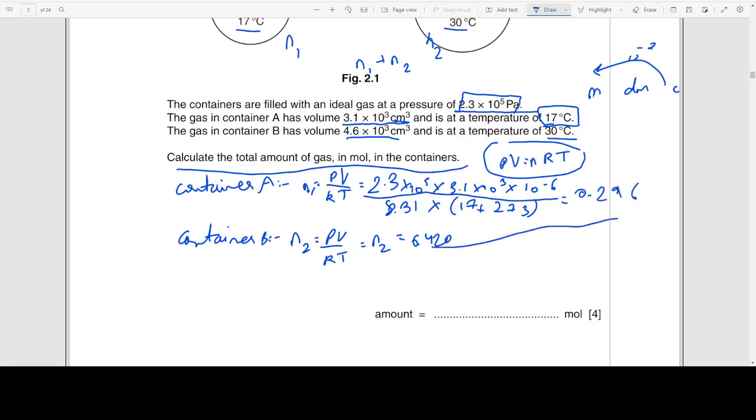So we just add both of these. We get 0.716.